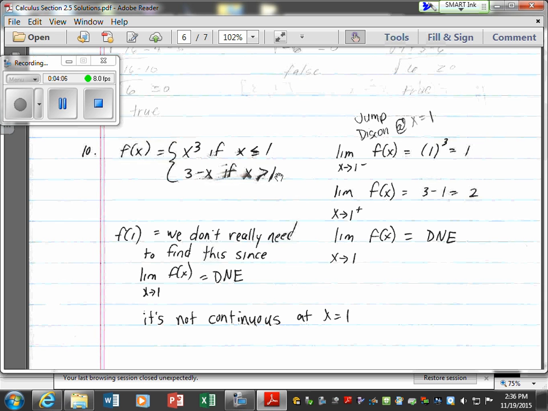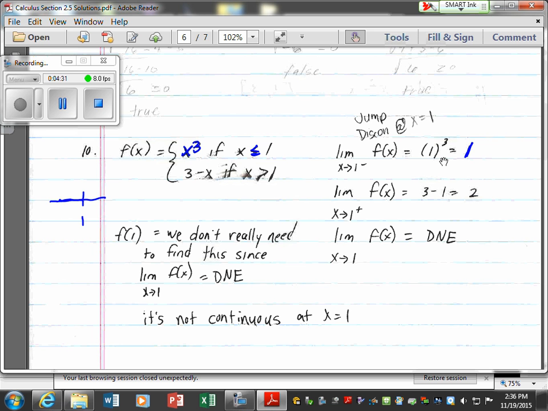You can see both of these values are 1, so we're headed towards 1, but we're going to say to the left of 1. Let's just think about this on a number line. To the left of 1 is less than, so that means this particular one. So we're talking about x cubed. Let's plug in 1. 1 cubed is 1.